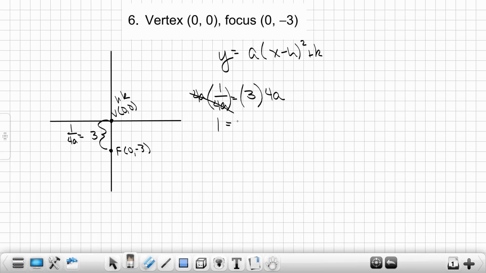Getting ahead of myself. 1 is equal to 12a. Tim, what do we do to get a by itself? Divide by 12. A is equal to 1/12. So now we've got everything we need. Y is equal to negative 1/12 (x minus 0) squared plus 0.